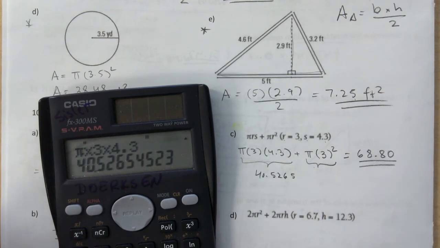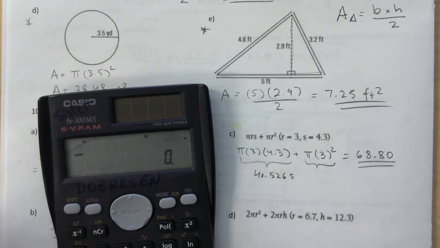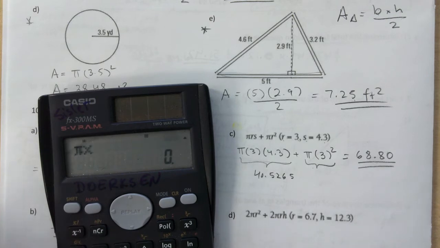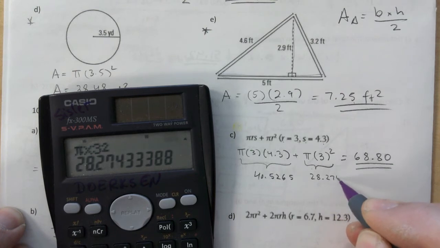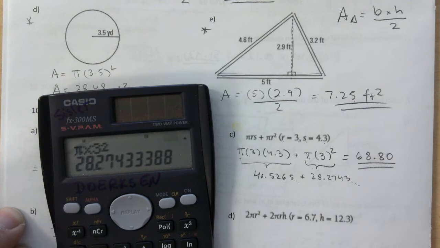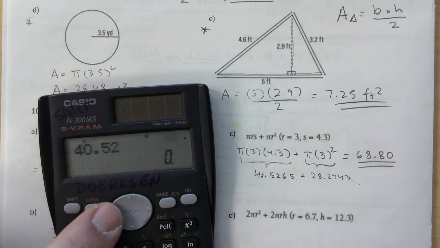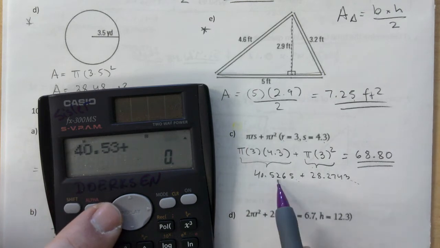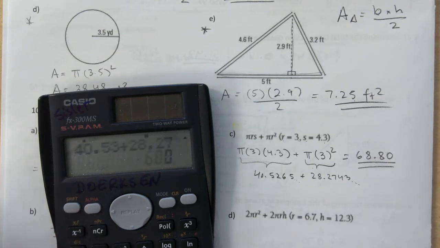And then here I get pi times 3 squared, which is 9, and that's 28.2743. It actually keeps going, for both of them. So if I now take those numbers, I have a feeling that you went 0.53 there. You rounded early here, and then you went plus 28.27. Still get 68.8.